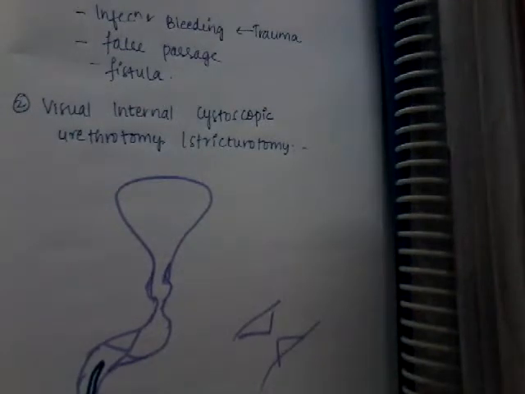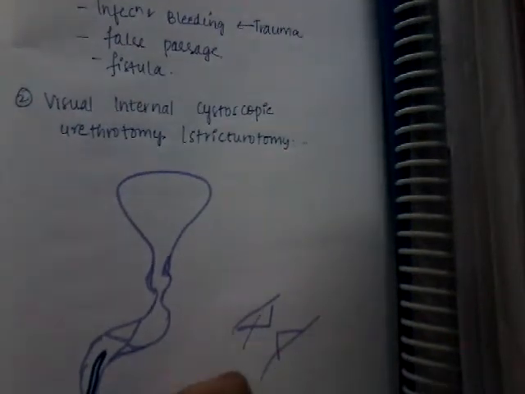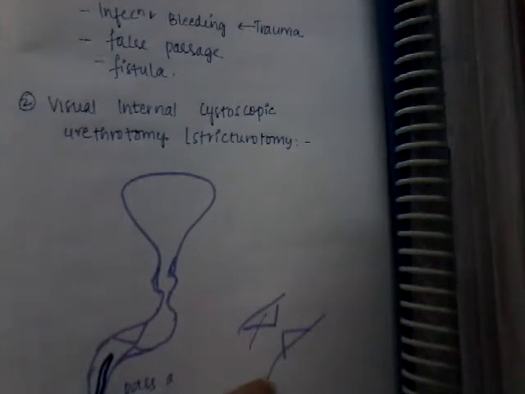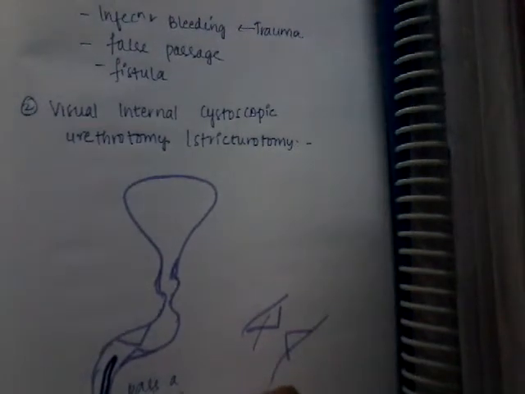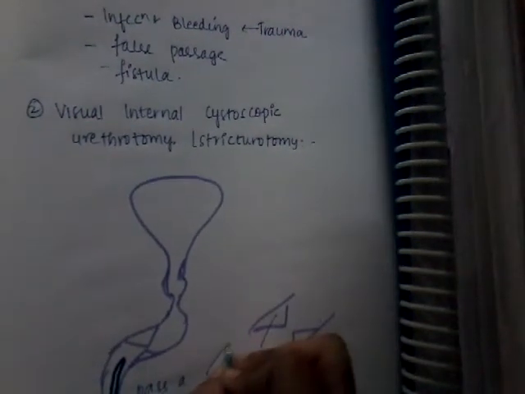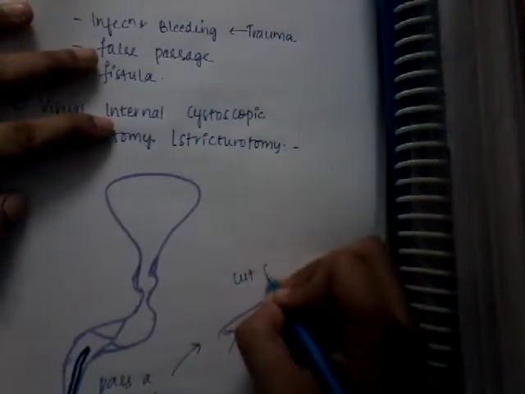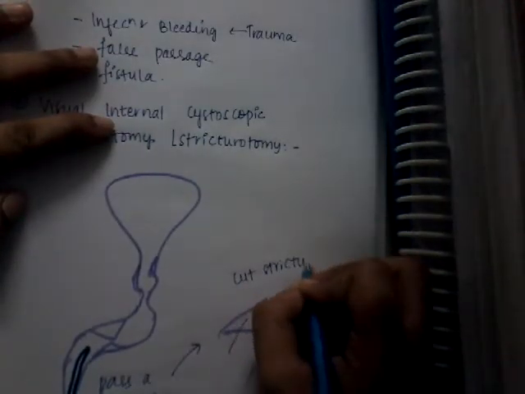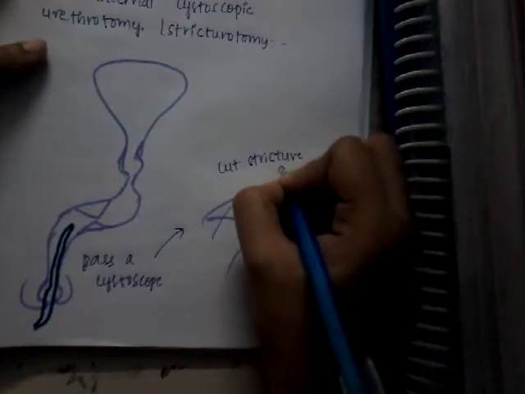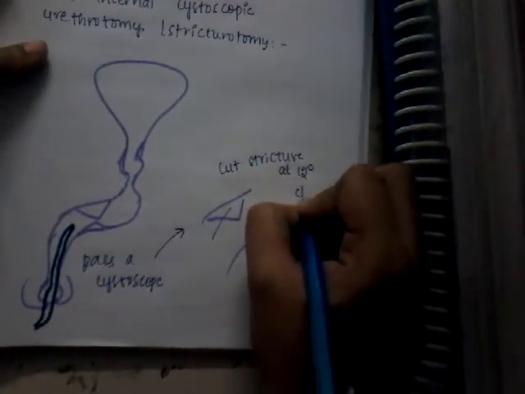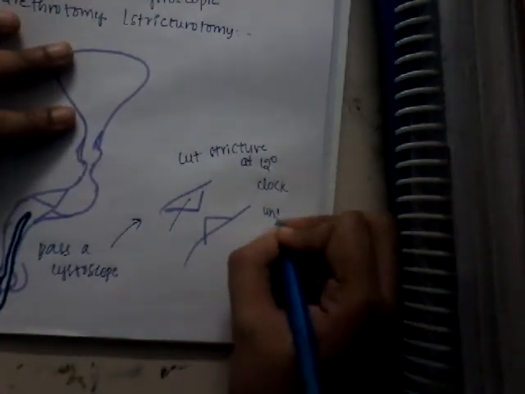Then you will have to cut it at 12 o'clock position. First pass a cystoscope and then cut the stricture at 12 o'clock position, just cut the stricture until it bleeds.